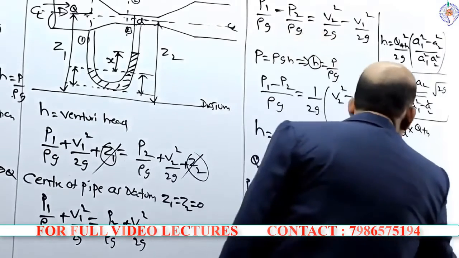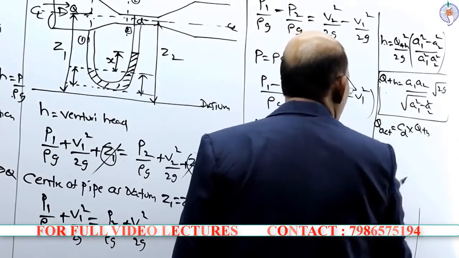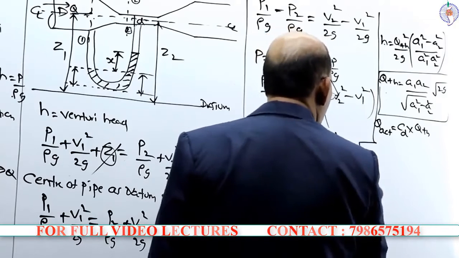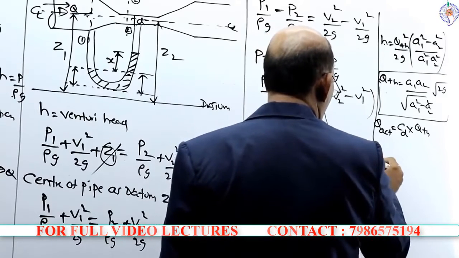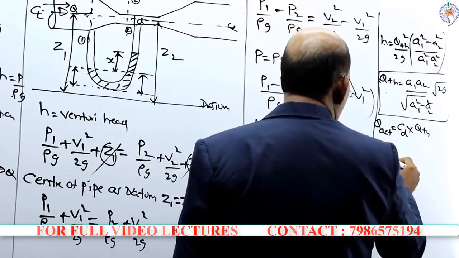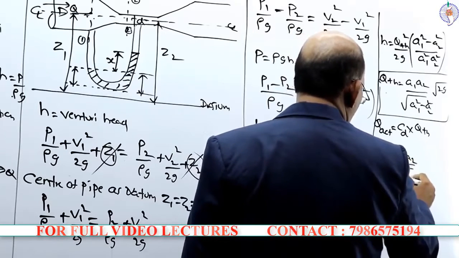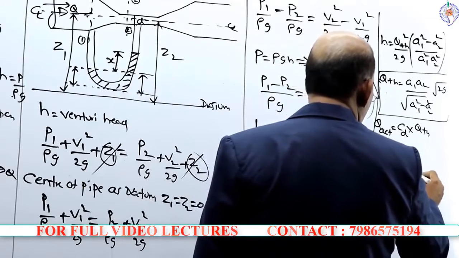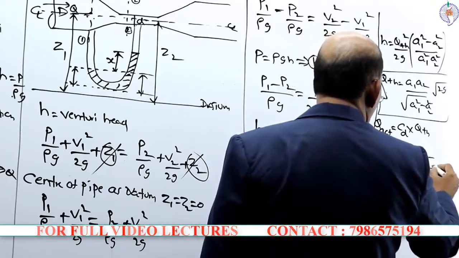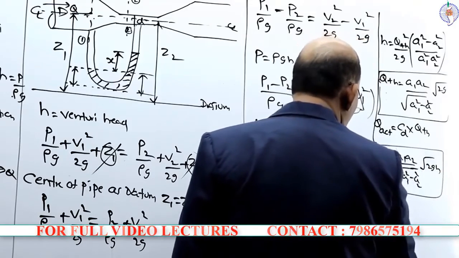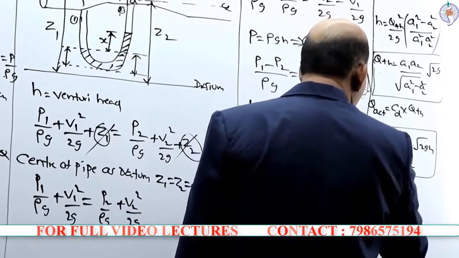Accordingly, Q actual is equal to CD into A1 A2 divided by the square root of A1 square minus A2 square into root 2gh. So this is the discharge flowing through the Venturi meter.